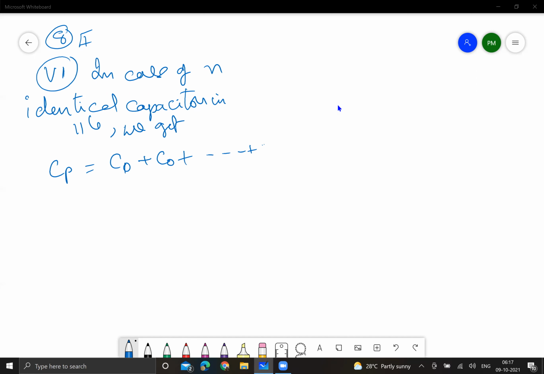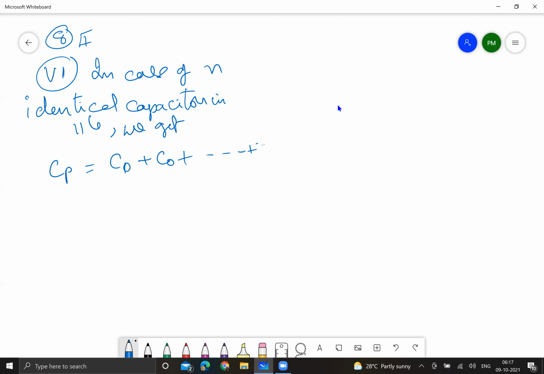So n times. Therefore, we get Cp is equal to n into C naught.